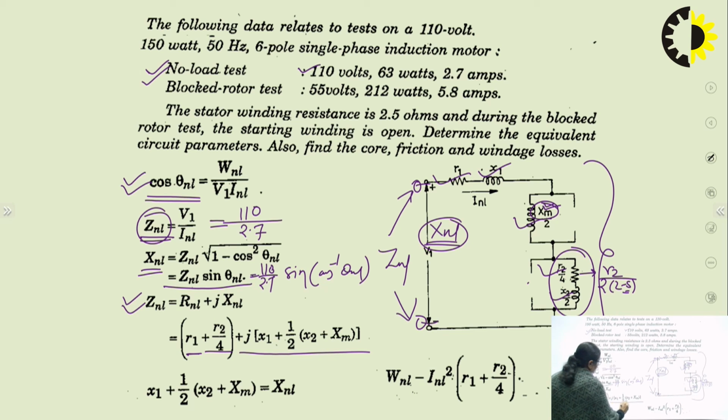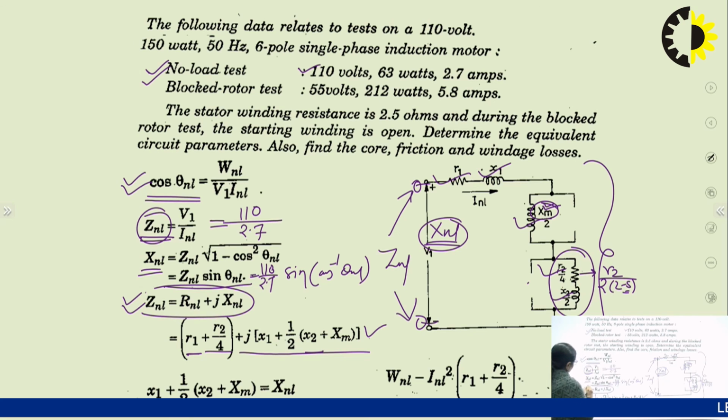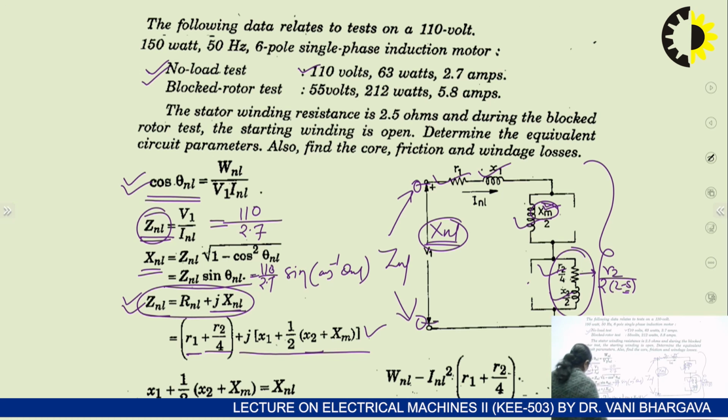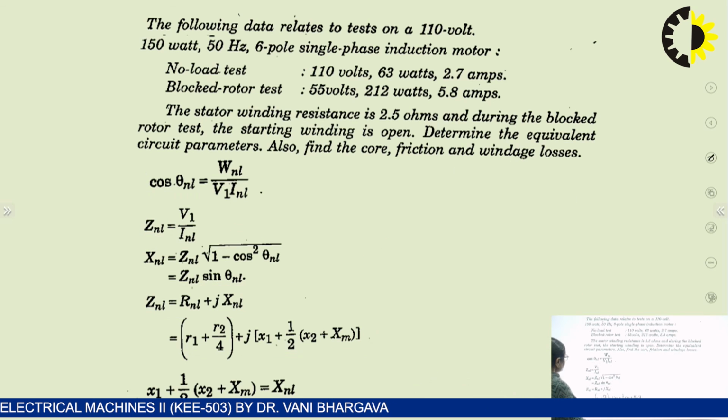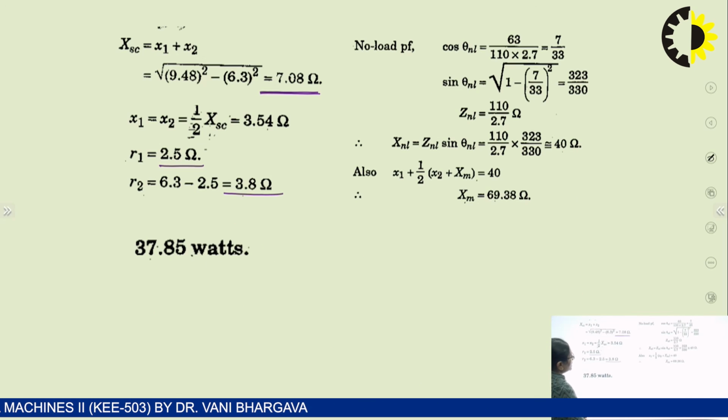The same thing is written over here, right? Now, we know that ZNL can be represented by RNL plus jXNL. It means the right hand side and left hand side imaginary terms are equal. So, I can write XNL equals X1 plus half of X2 plus XM. Do you agree?